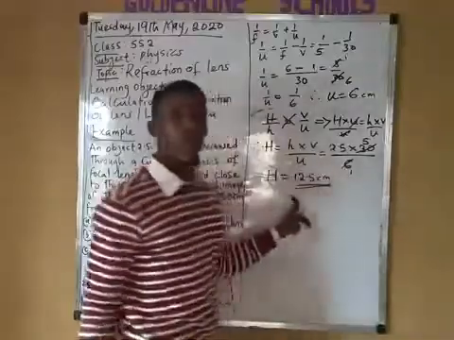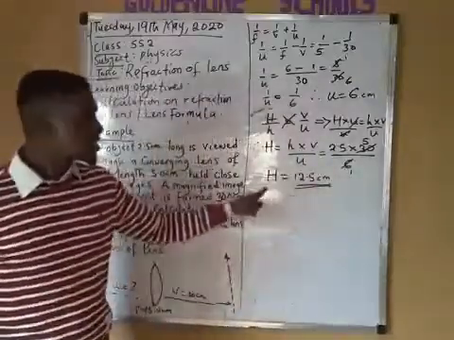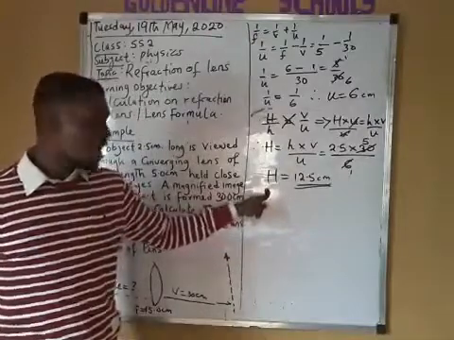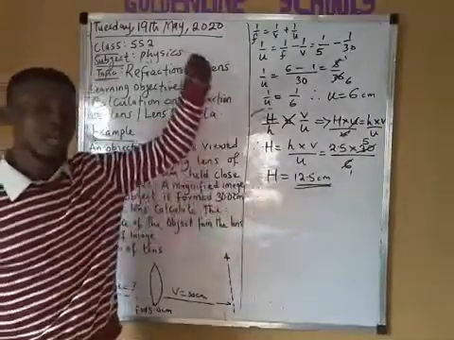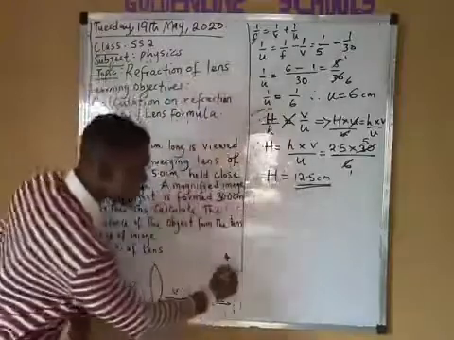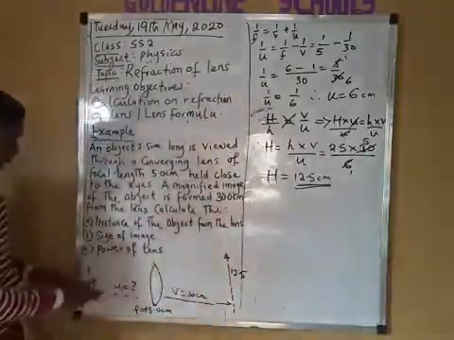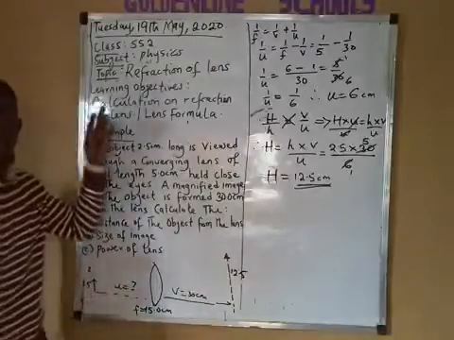You were told that the image is magnified, so that is why we have an image of 12.5 centimeters, which is larger than the object.